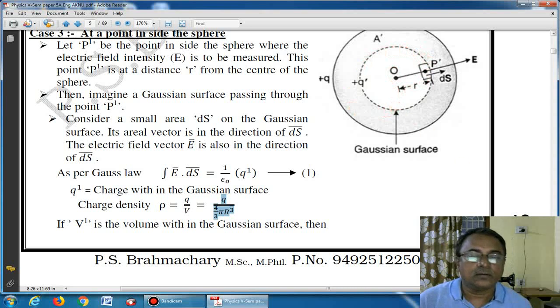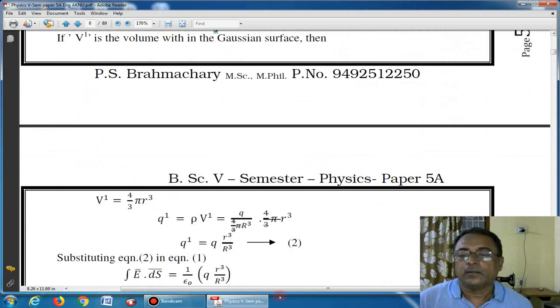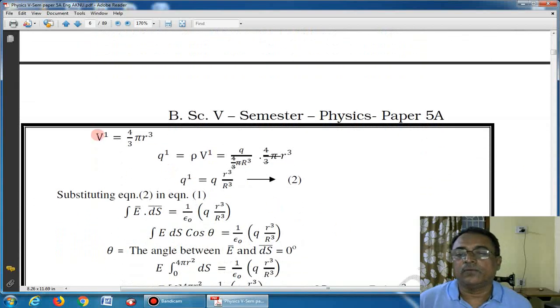Then the charge within the Gaussian sphere, v dash is equal to 4 by 3 pi small r cube, where small r is the radius of the Gaussian surface. Then what is the charge within the Gaussian surface? This is equal to q dash.